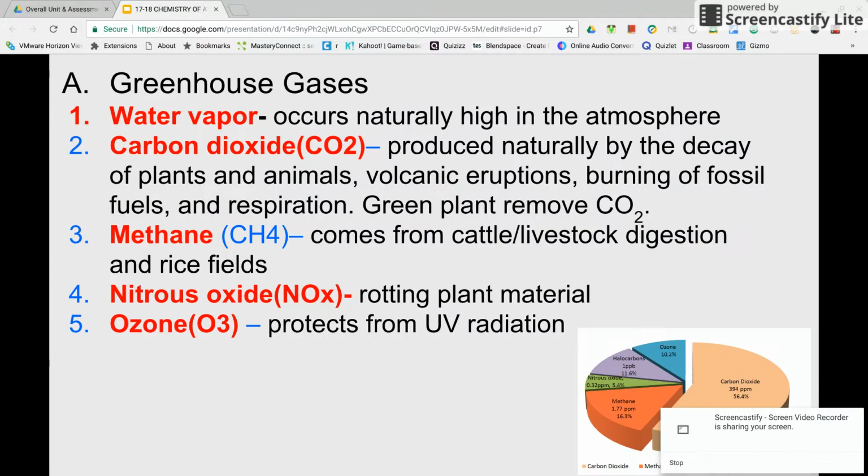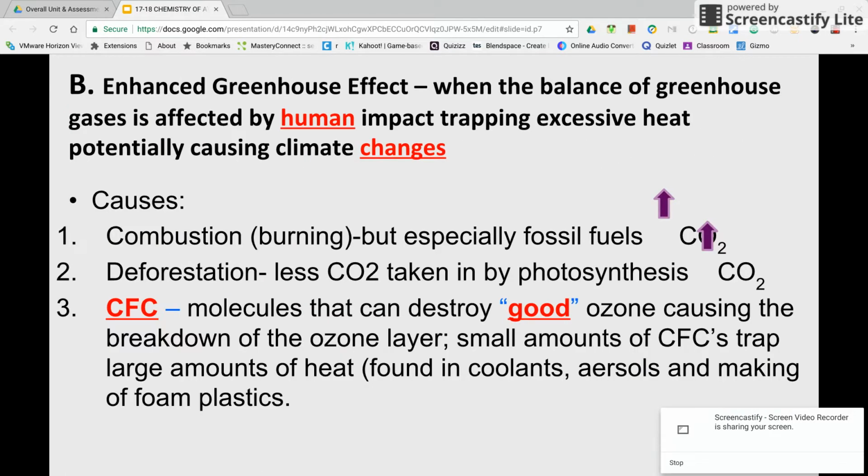The problem is when these greenhouse gases, water vapor, carbon dioxide, methane, nitrous oxide, and ozone, get to too high of a level, they trap too much heat, and we can begin to see a warming effect. That's called the enhanced greenhouse effect. Oftentimes we say that is a result of human impact because so much of it comes from combustion, the burning of fossil fuels, and deforestation, cutting down the trees that take carbon dioxide out of the atmosphere.